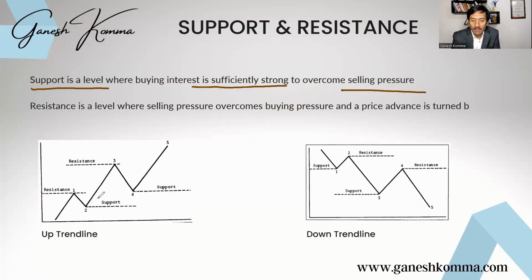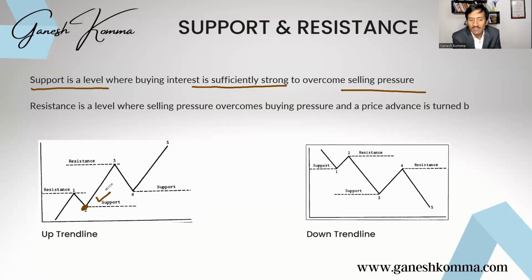Means at this level, buyers are very high. So at this level, if the stock is retracing back rather than falling down, you can add more, because there are buyers who are withstanding it and the stock is bouncing back.